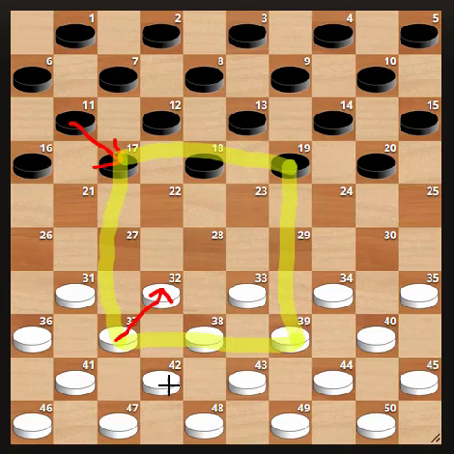If you have a piece at, let's say, 43, 43 will move to 38. If you have a piece at 44, 44 will move to 39.